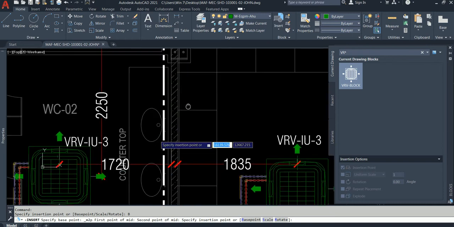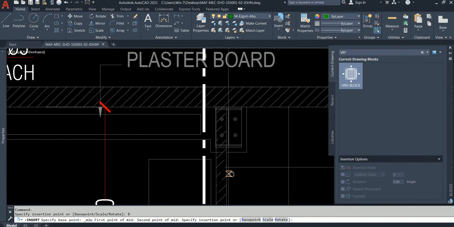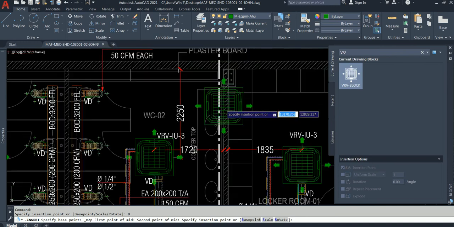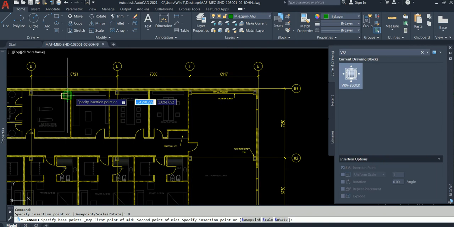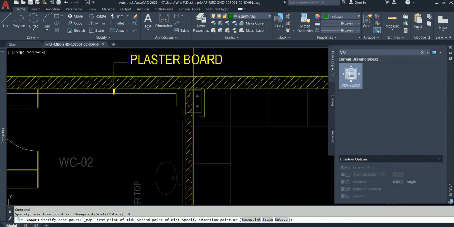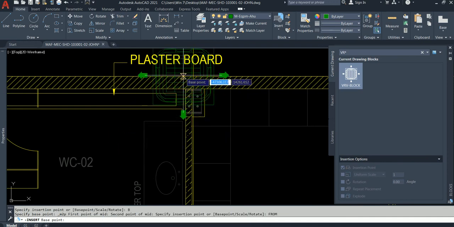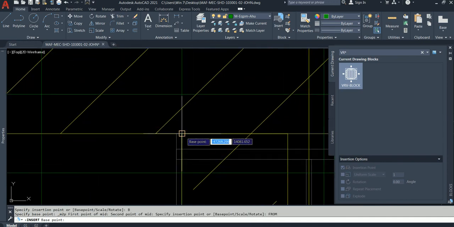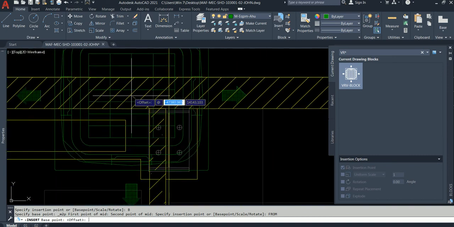You don't want to be over smart. Okay, from the inner, no? Yeah. From where? This point.